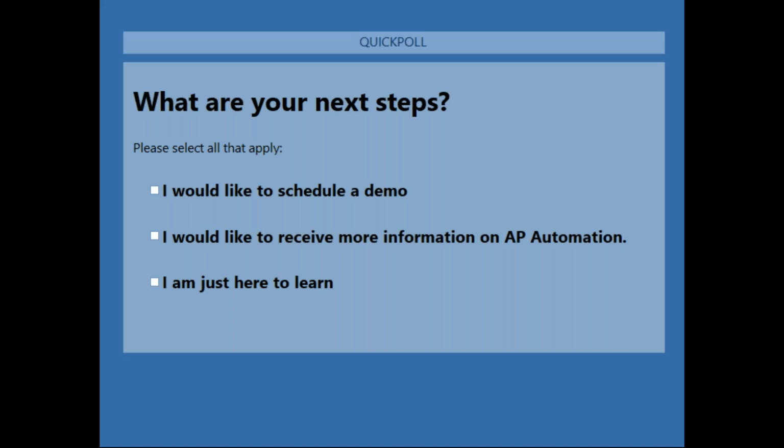How do the paper invoices get into the system? That's usually one of the bigger questions. Customers that come to us and want to automate, we give them a template of what to send to their vendors. This email or letter explains to the vendors that they should no longer send invoices to the customer directly.